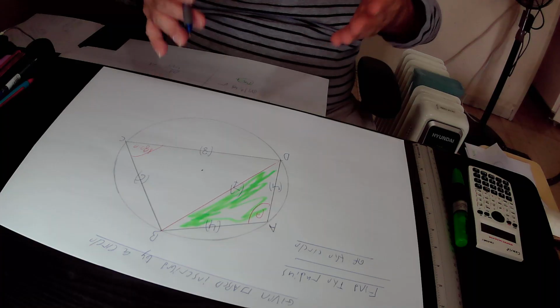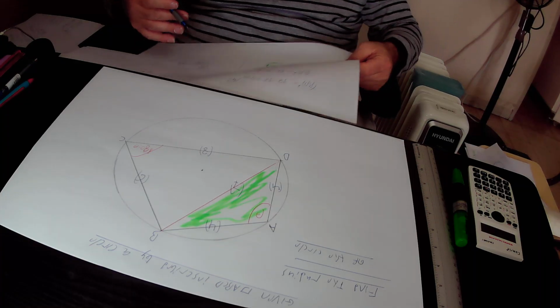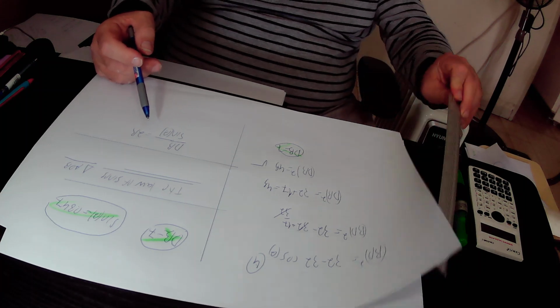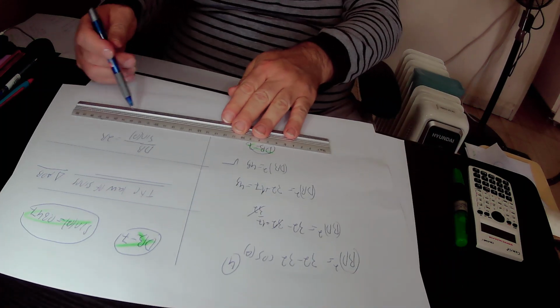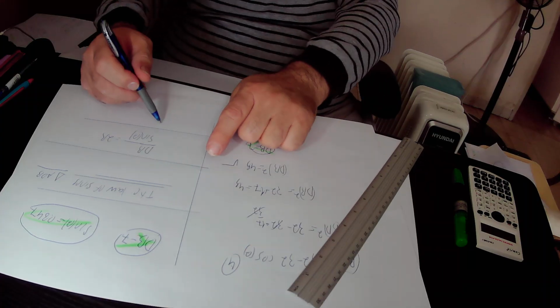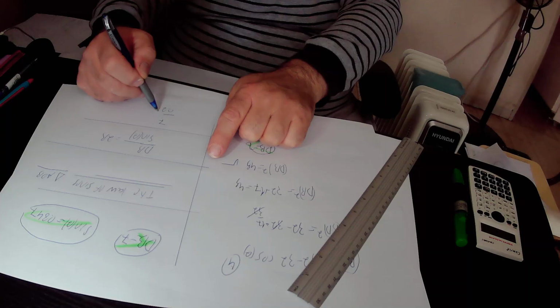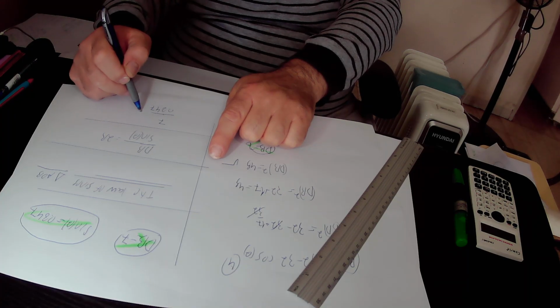It is also the radius that we are looking for in this question. So according to the law of sines, DB over sine theta equals 2R. DB is 7, over sine theta, which is 0.847, equals 2R.